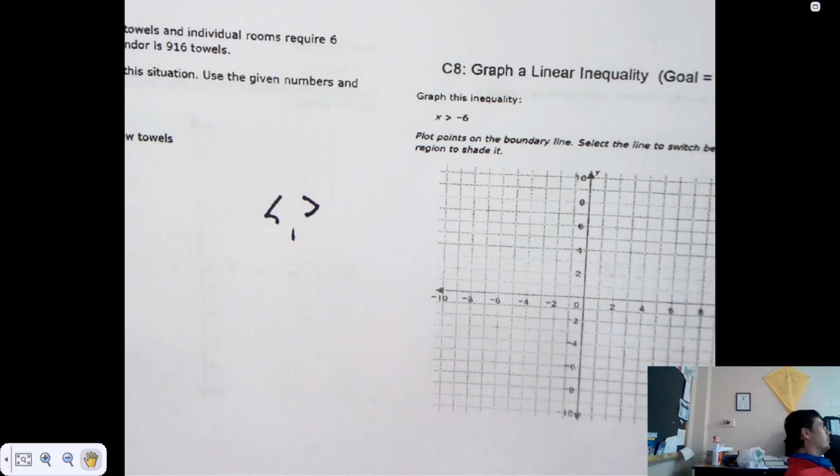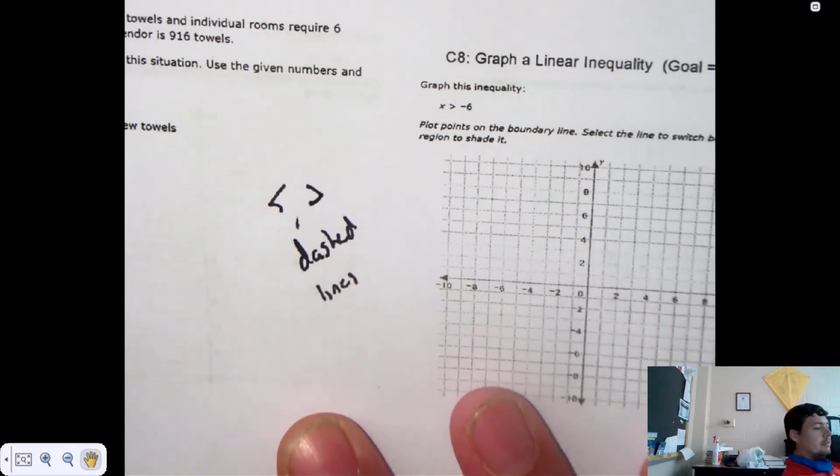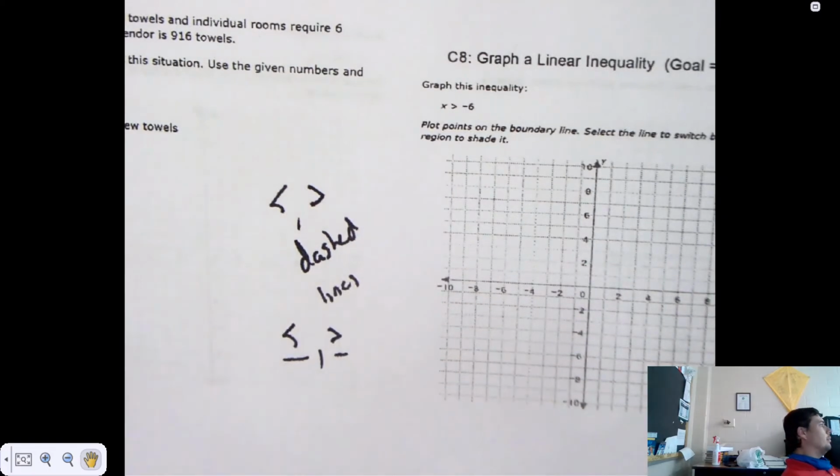Yes, Dylan, it depends on if there's a line underneath it or not. Do those have lines underneath them? So are they dashed or dotted? I say dash, but dotted works too. These are dashed lines. The other ones are solid, right? Of course they are, because what's underneath them? A solid line, an equal.